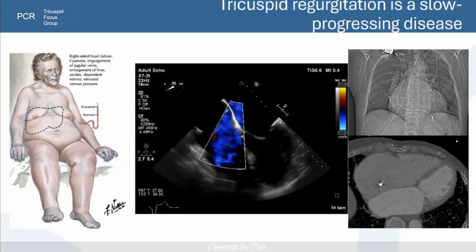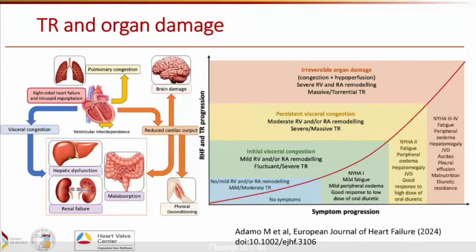Most of our patients who are symptomatic despite therapy have no leg swelling, most of them. Few of them have ascites, but they may be tired, they may have problems with digestion, they have severe TR. These are the patients where you need to think about treating before they become this kind of inoperable patient.